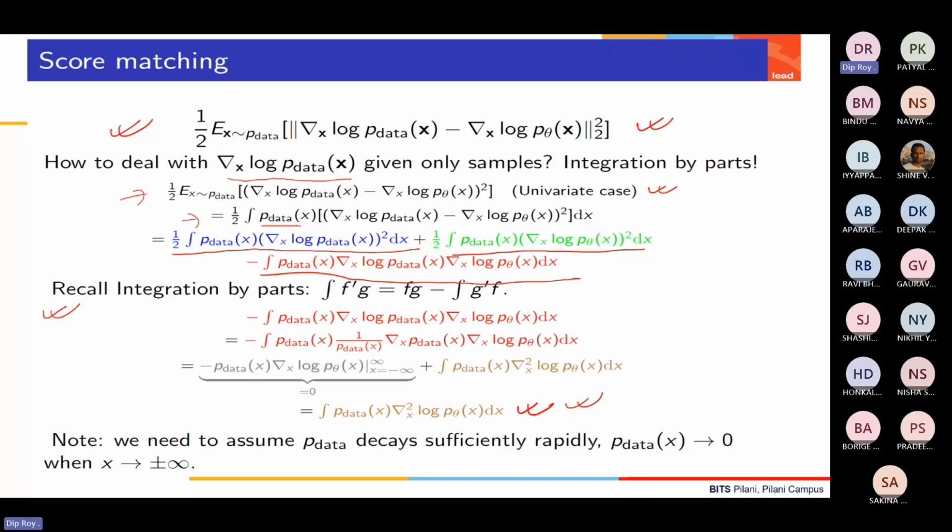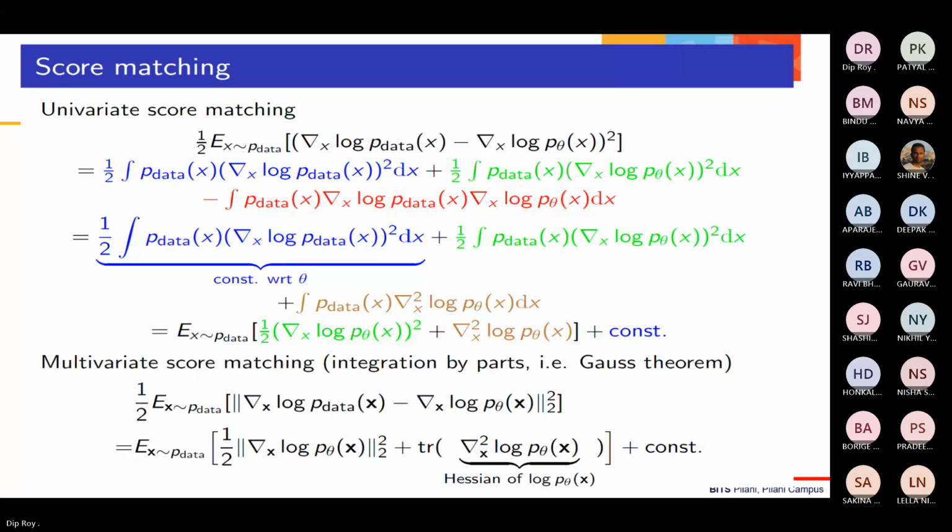And yes, it depends on the samples from P of data, which are there in our training set, but we don't need the exact density. All right. And now if you see what has happened, this is the final univariate form of score matching, this. All right. And nowhere is there P of data, and we are all good on this particular front.